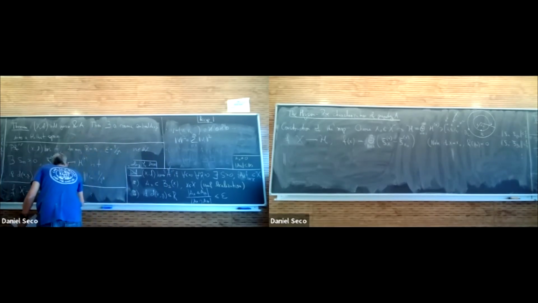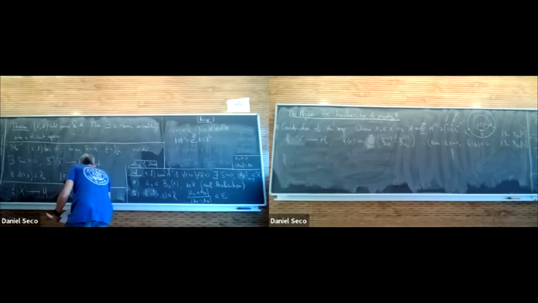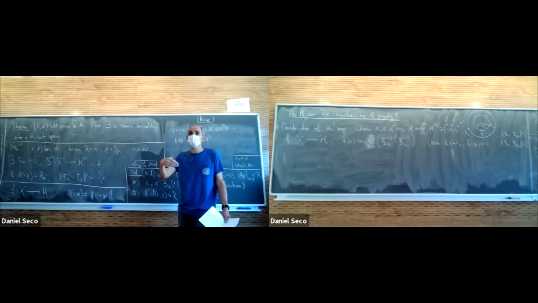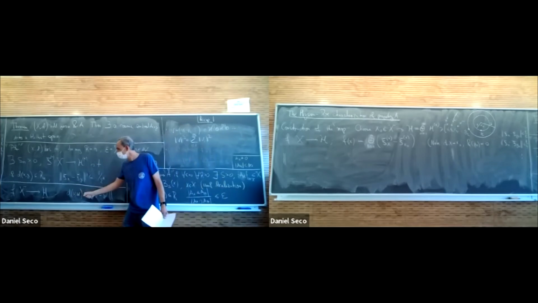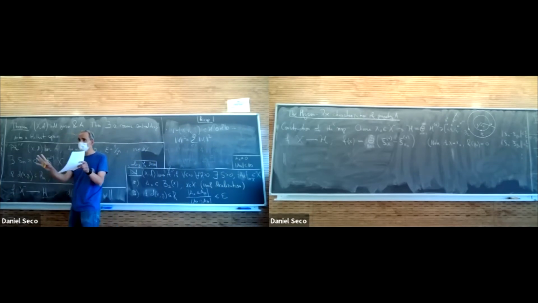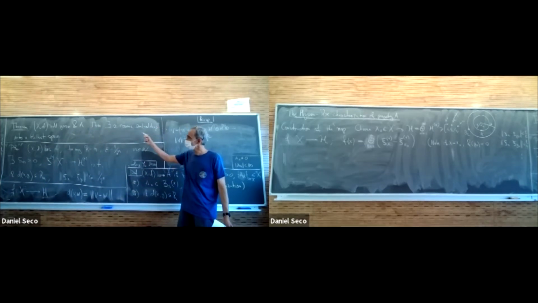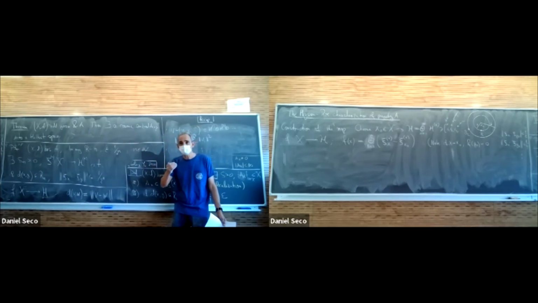The distance of two vectors V and W is just this here. So I may ask if there is a coarse embedding or a quasi-isometry-like application from X, the metric space full of dots, to a Hilbert space. Why not? In fact, the content of this theorem is telling you that a metric space with property A looks at large distance like a Hilbert space, which is a metric space.